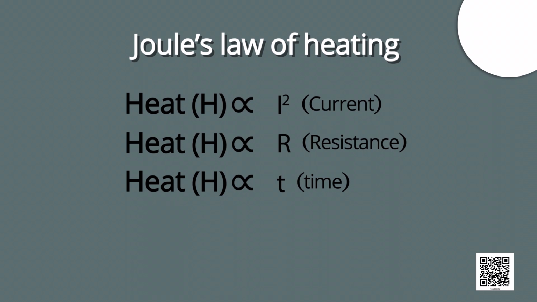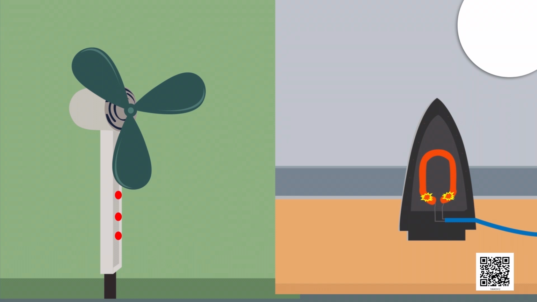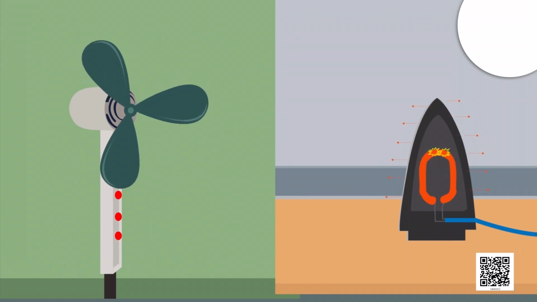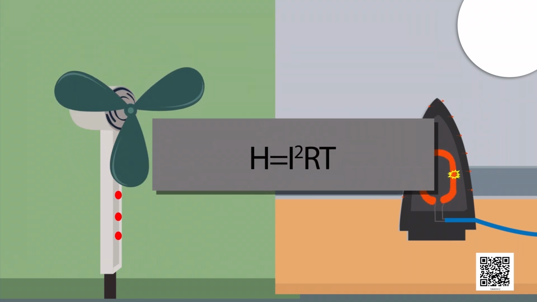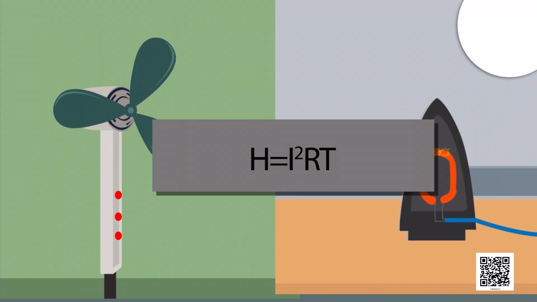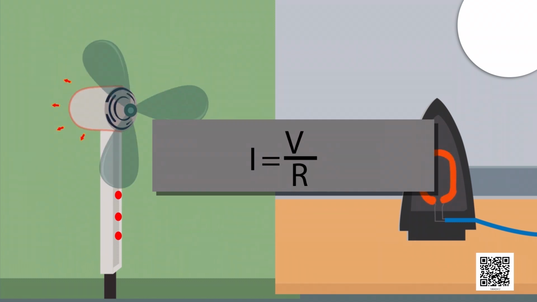In practical situations, when an electrical appliance is connected to a known voltage source, then the equation H equal to I square RT is used after calculating the current through it using the relation I equal to V upon R.